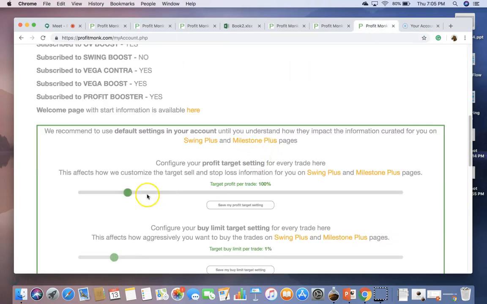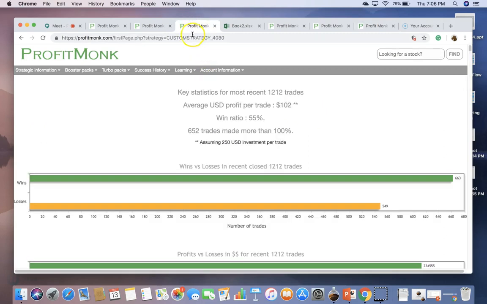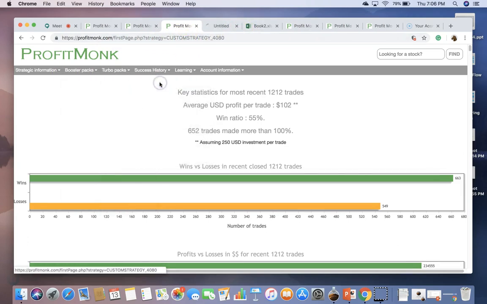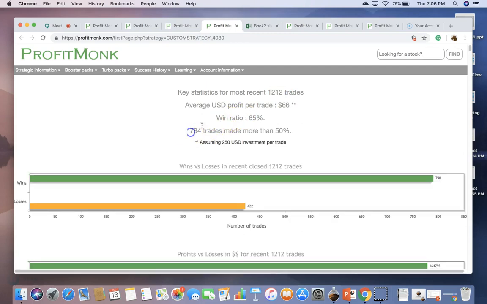Let's see. If I change this to just 50%, right here, which means that you will come out of the trade very quickly if it makes money. So let's change this again, and I'll open it in another tab, because that will help us compare. It's coming up. So for the same 1200 trades, your win ratio actually goes up further.